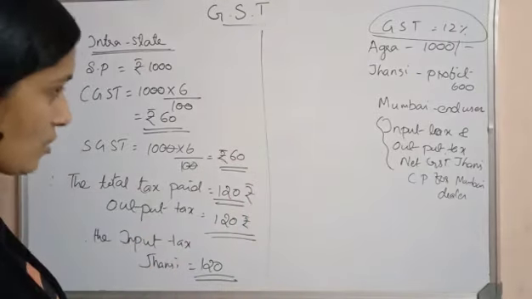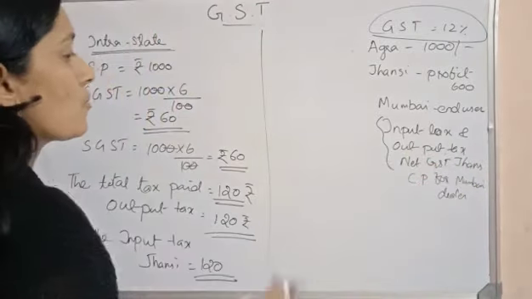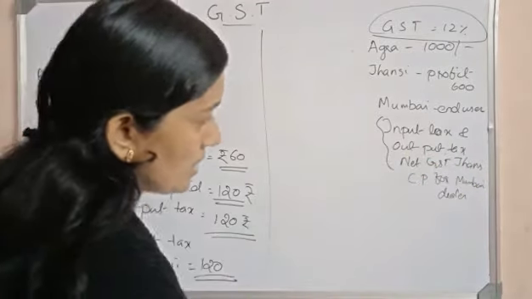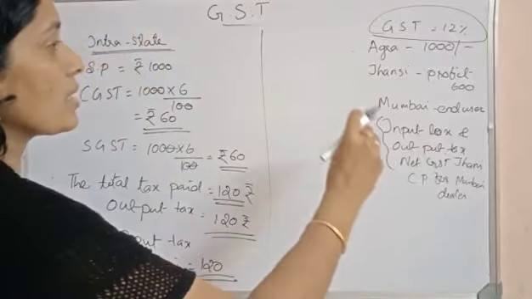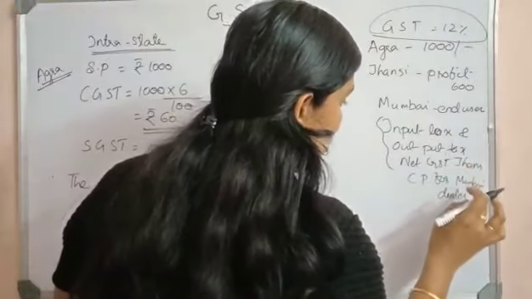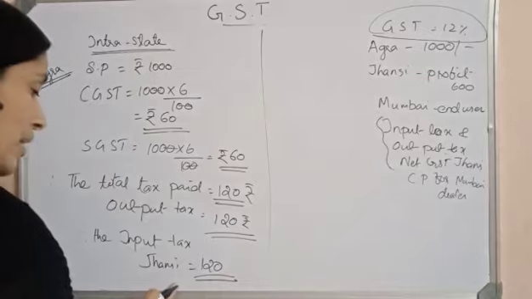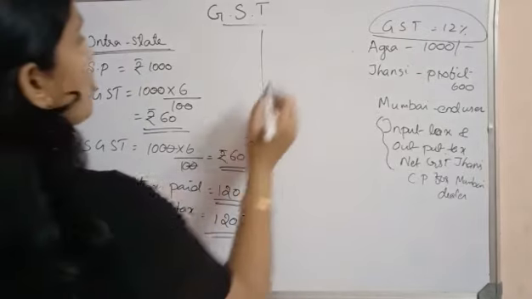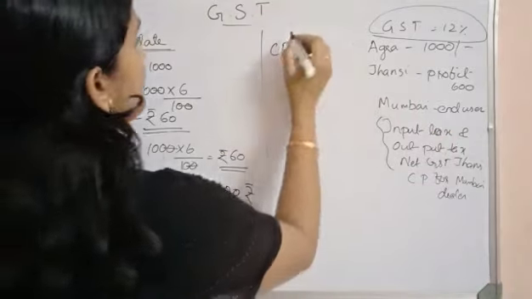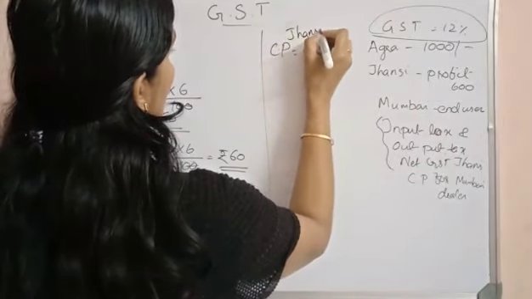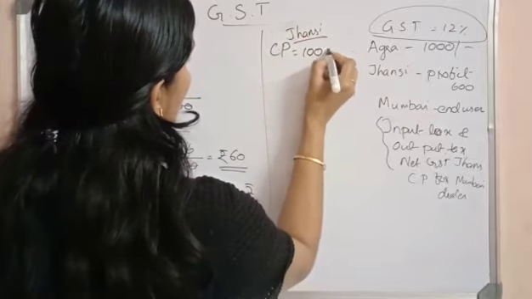And in the next part, we need to find the output tax for the dealer in Jhansi. So when you are finding the output tax for the dealer in Jhansi, we need to know what is the selling price when the services are happening from Jhansi to Mumbai. So here the input tax we have already calculated. Now the cost price for the dealer in Jhansi is 1000 rupees.